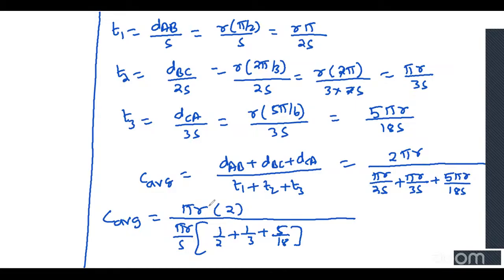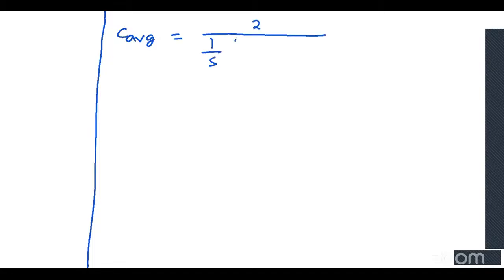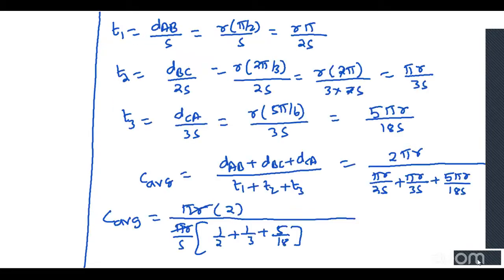So pi R cancels. So average speed equals 2 by 1 by S times 1 by 2 plus 1 by 3 plus 5 by 18.